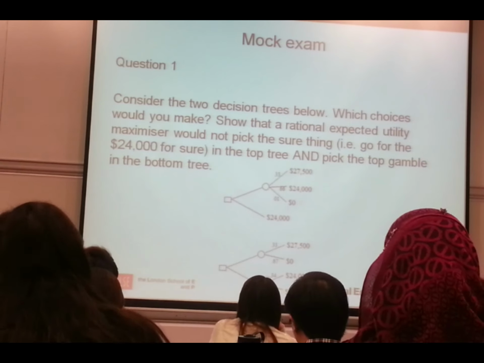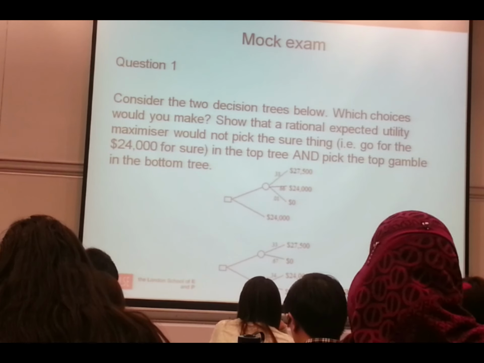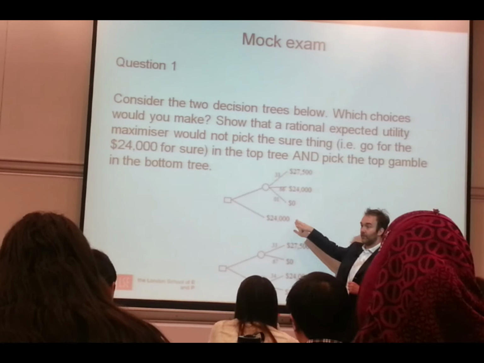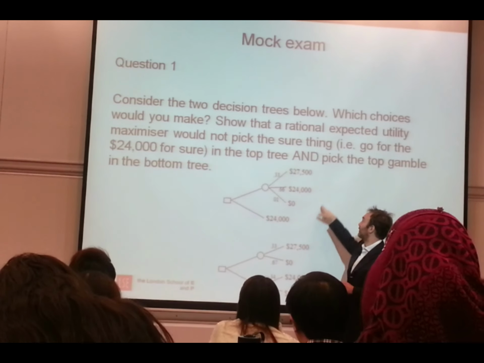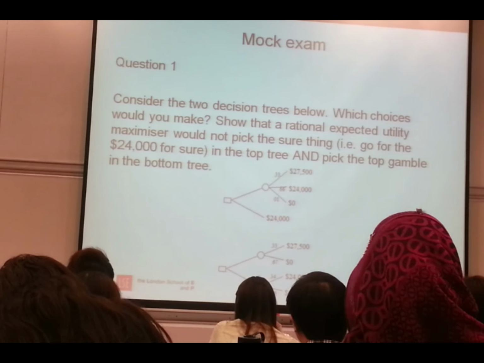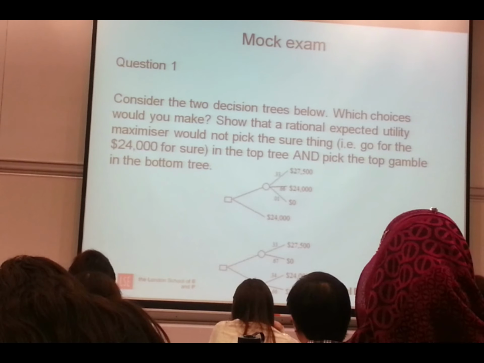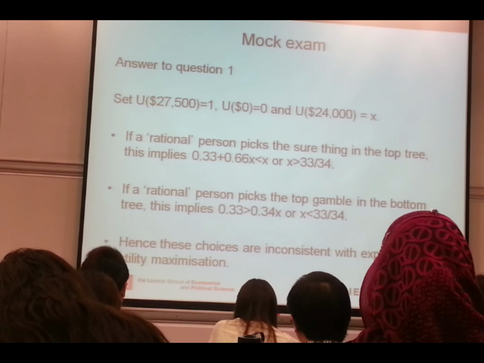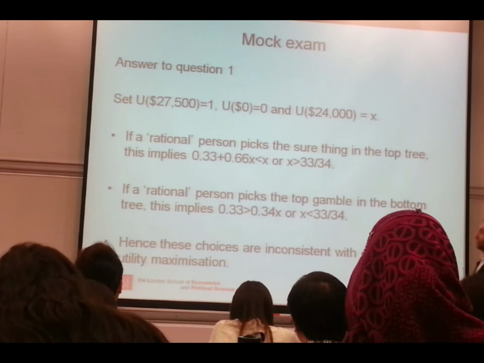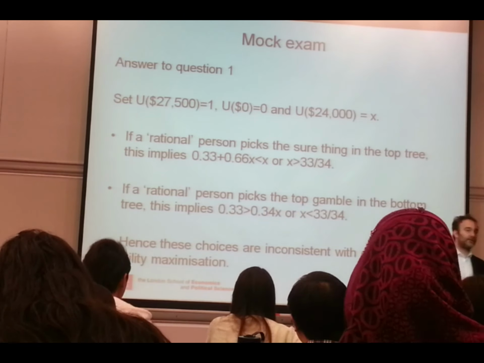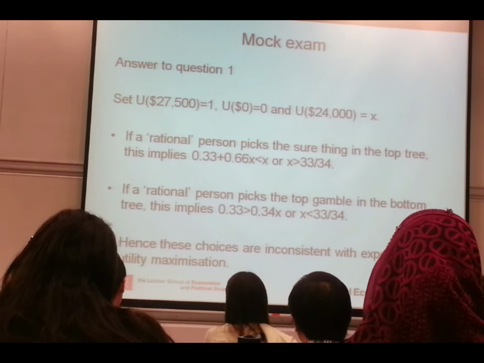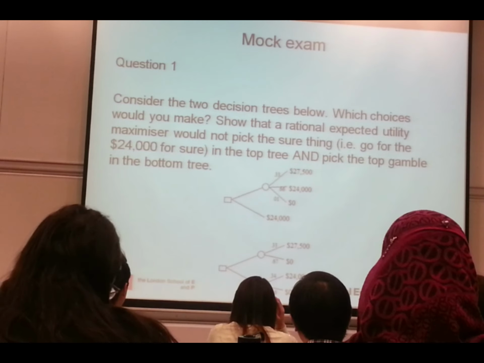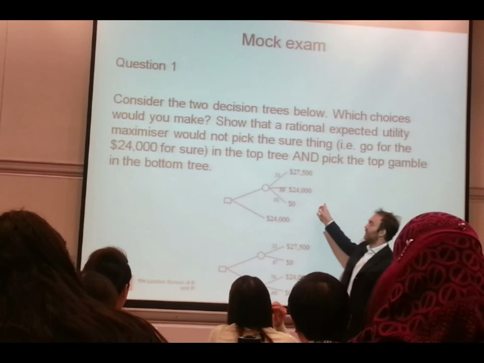Now, as I said, taking the sure thing in the top tree means that we get a higher utility from this choice than from this choice. Okay? A higher expected utility from the certain payoff than from the uncertain payoff. So if a rational utility maximizer picks the sure thing in the top tree, this implies that the utility from the top part is less than the utility of the bottom part.